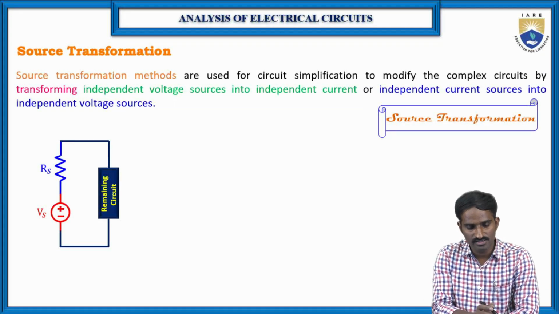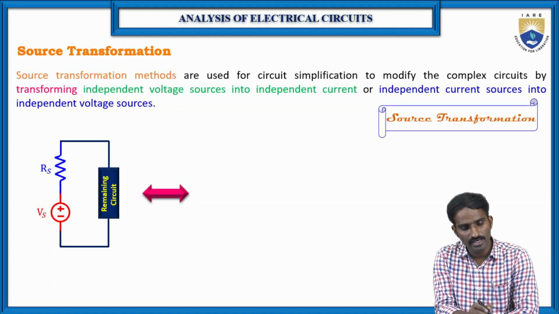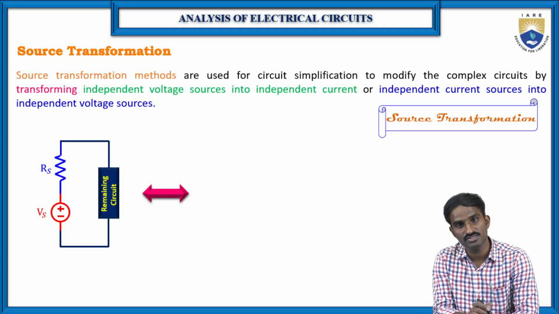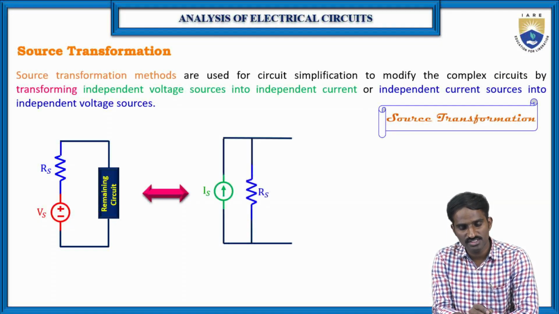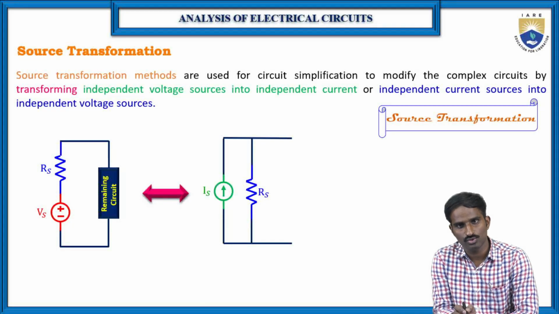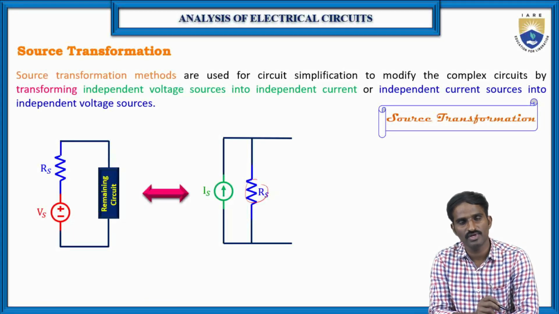In that case, we replace the voltage source with a current source, and we replace the series-connected resistance with a parallel-connected resistance for that current source. The value of the resistance is the same as before. Then what about Is?